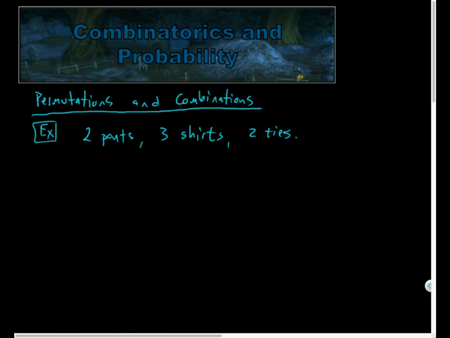One of the ways we can do this is with a tree diagram, in which I'll draw the sample set of all possibilities. So my first decision is pants, and I can grab pants pair 1 or pants pair 2. My second decision would be shirts. Once I've chosen my pair of pants, I have 3 shirts I could choose from.